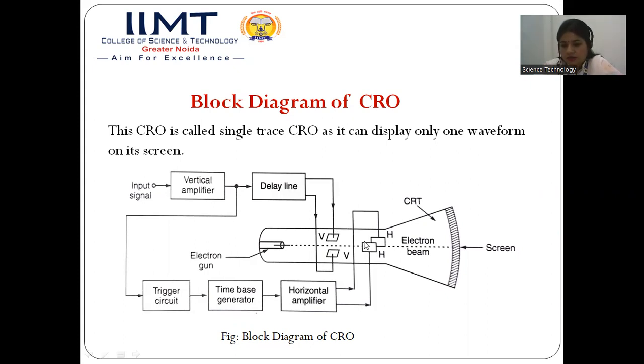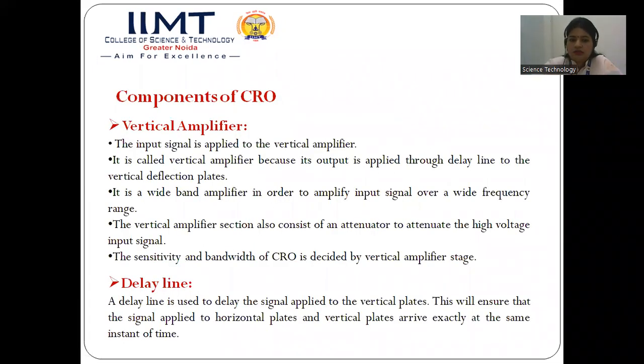So in order to compensate this delay of the horizontal circuit, a delay line is introduced between the vertical amplifier and the vertical deflection plates. This delay line is used to delay the signal applied to the vertical plate. So it will ensure that the signals applied to the horizontal plates and the vertical plates arrive at exactly the same instant of time.